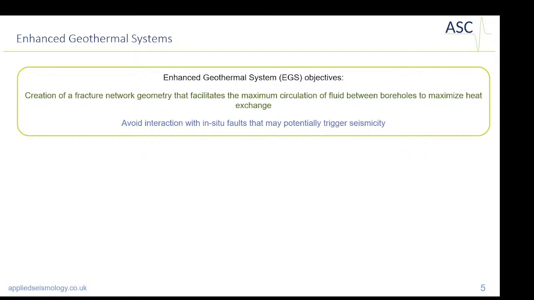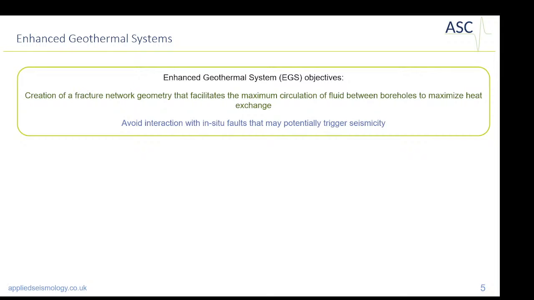So what are the main objectives of an enhanced geothermal system? Well, basically it's creating or enhancing a fracture network that facilitates the maximum circulation of fluid between the boreholes so that the heat exchange is maximized.